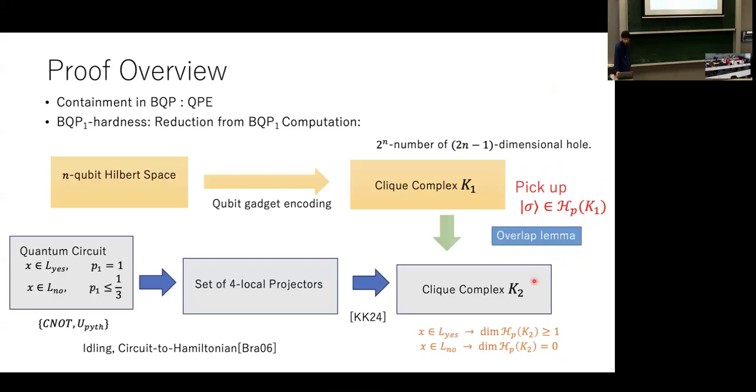Sorry, the BQP1 here is defined with respect to this gate set that you put there, like CCZ and what is this other gate? Yeah. As you say, for the perfect completeness results, there is a problem of choice of gate sets. So we specifically choose a gate set of CCZ and some Pythagorean gate.